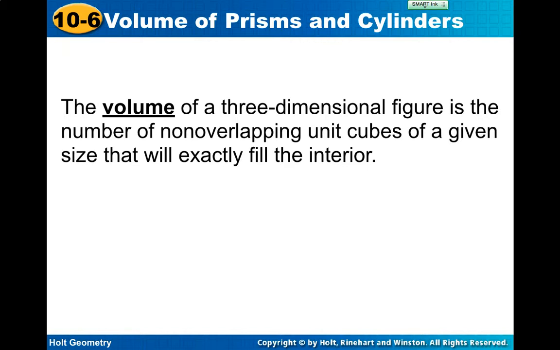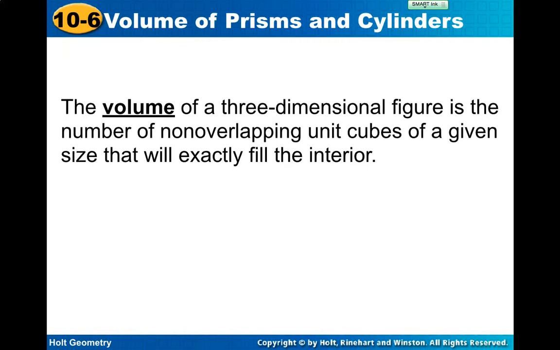So how many of these would it take to fill this box? What's the conversion between cubic inches and cubic feet? Does it look like 12 of these would fill this box? No, a lot more than that. 12 would just make 1 row across the bottom. How many rows do you need? 12.